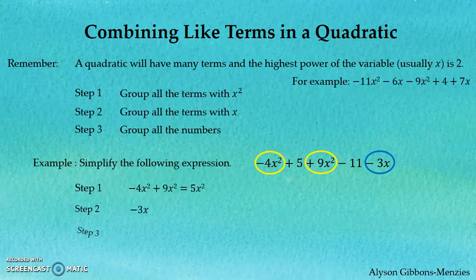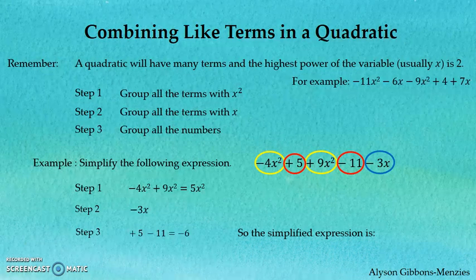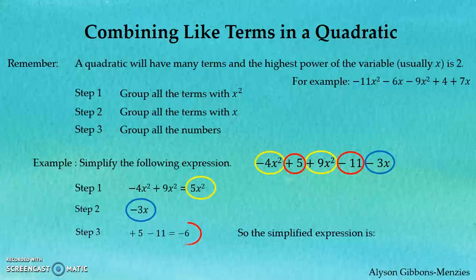And step 3, to group all the numbers, we've got a 5 and a minus 11. 5 minus 11 is minus 6. So the simplified expression is 5x squared minus 3x minus 6.